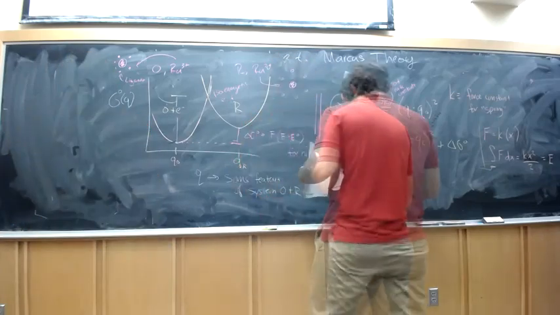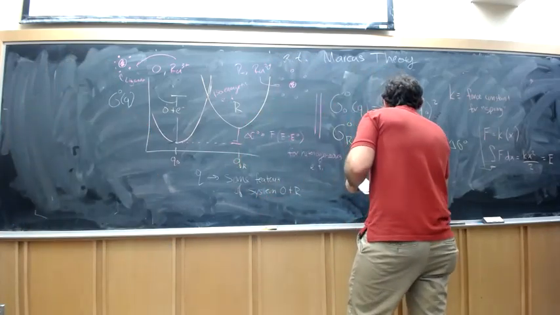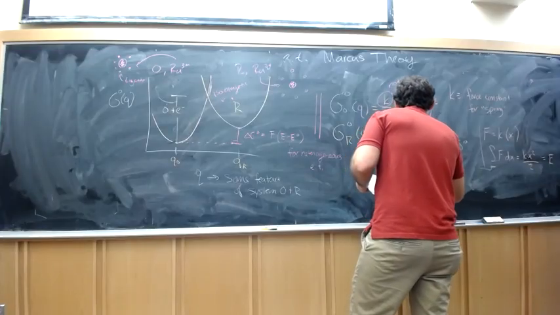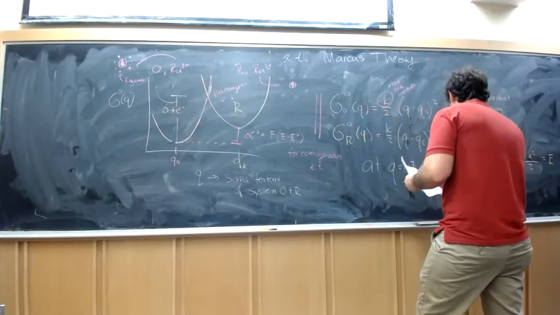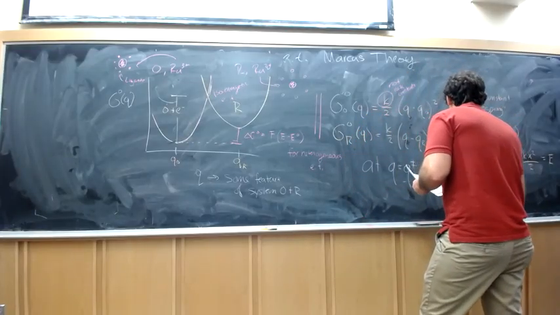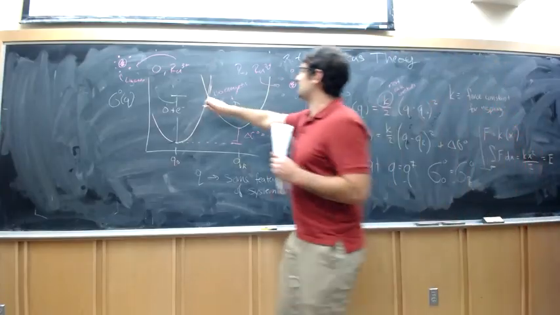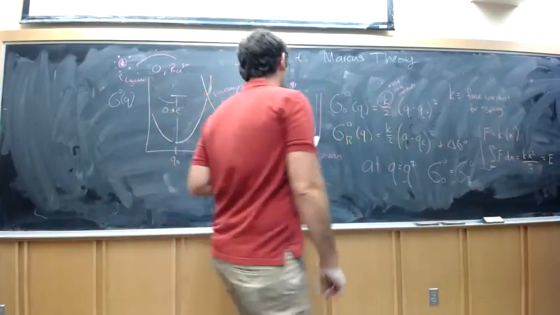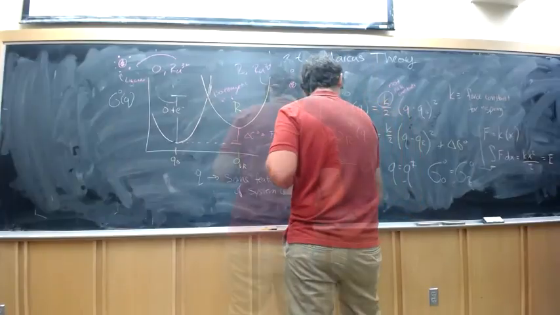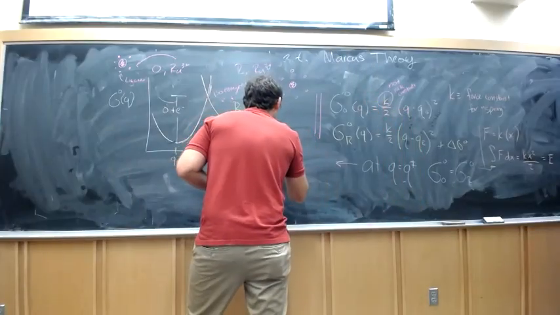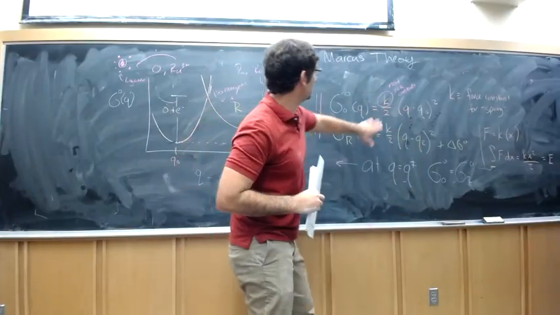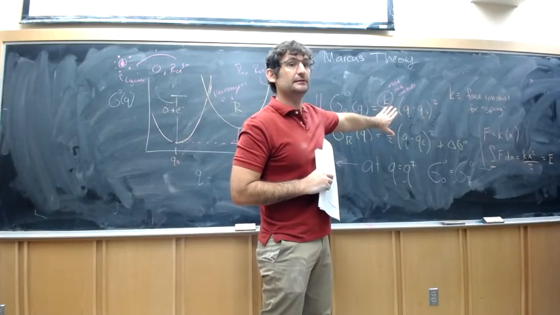We know that at Q equals Q double dagger, G_O naught equals G_R naught. That's the crossing point, by definition, right? And so you can solve this for Q double dagger by just setting these two expressions equal to each other, right?